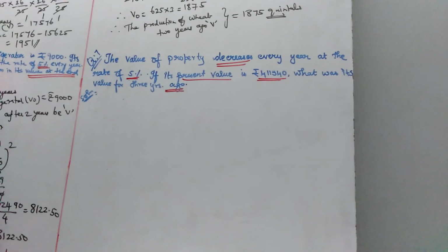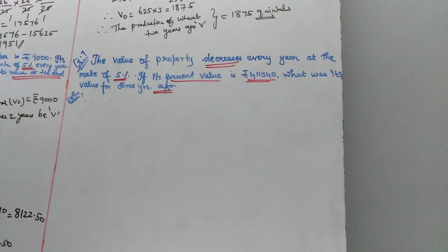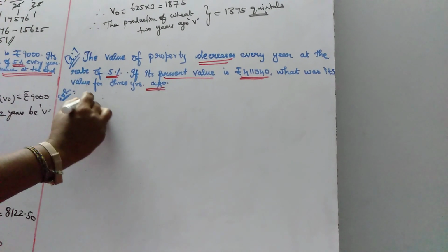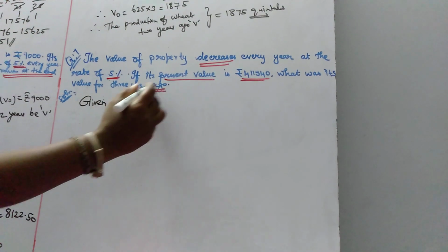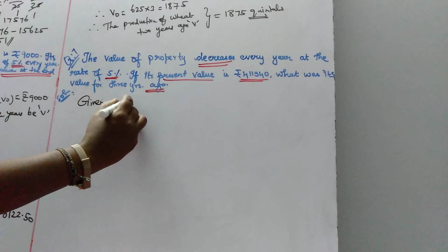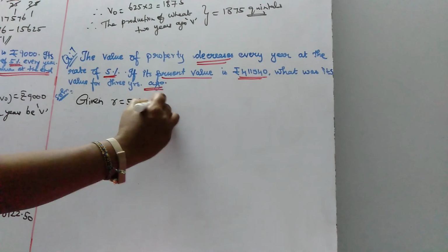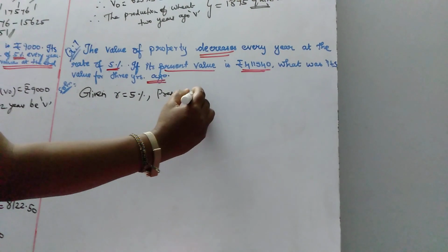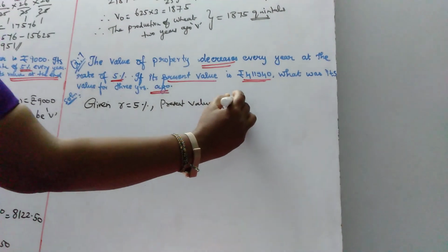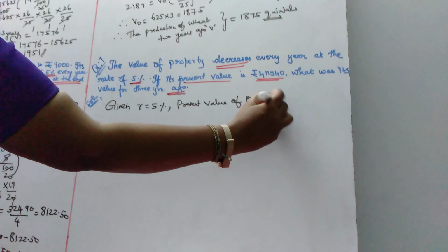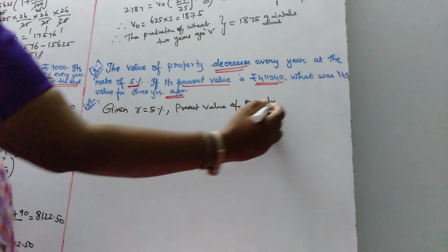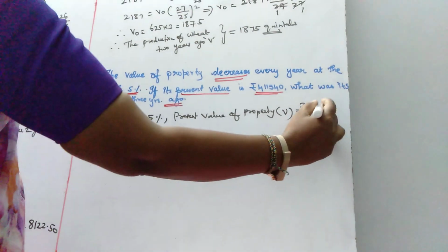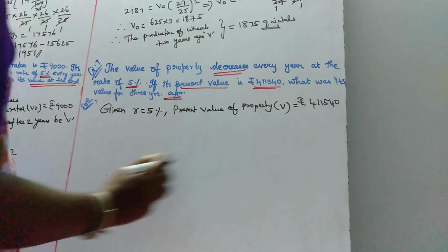Okay, so let us write what is given. Depreciation means we want to use the decrease formula. Given R is equal to 5%, the present value of property is V, which is rupees 4,11,540, right?